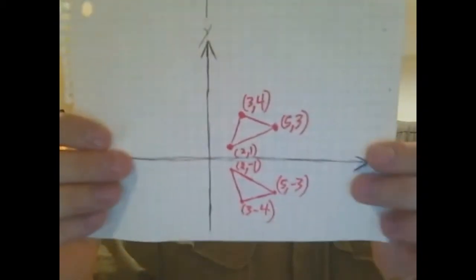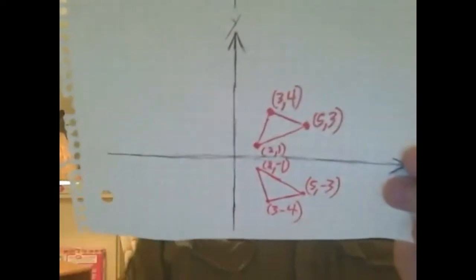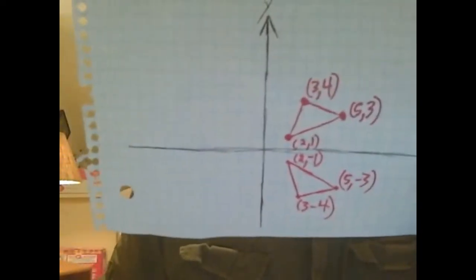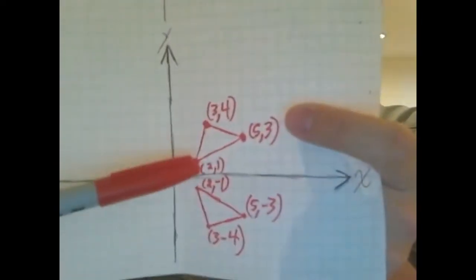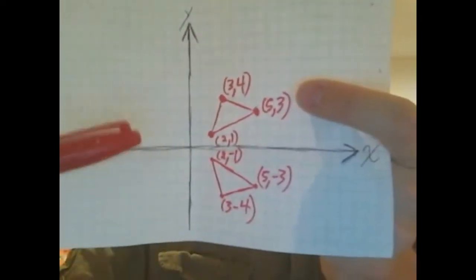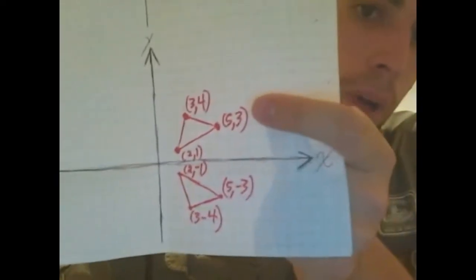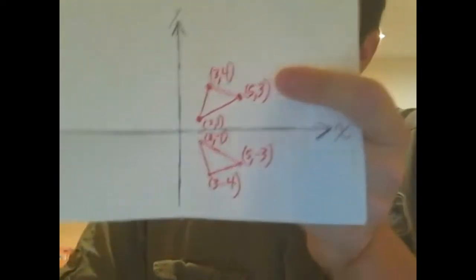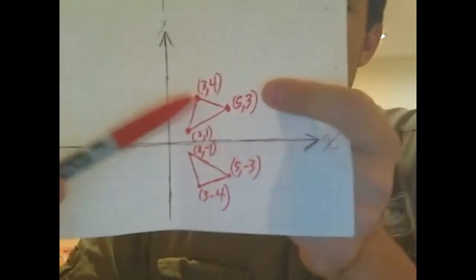So what has this done to the numerical values of each of our coordinates? Each coordinate's x value does not change at all, but each coordinate's y value goes from positive to negative, or vice versa, we could go from negative to positive.